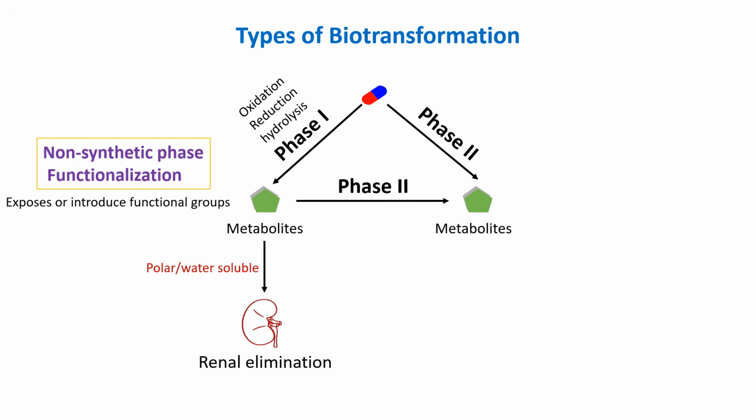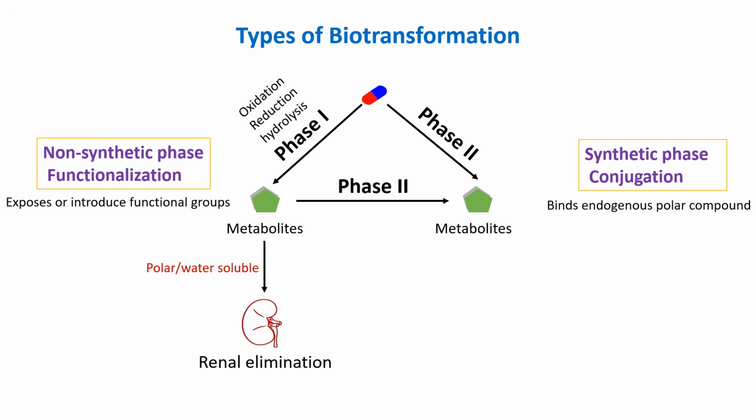Phase 2 reactions, also called synthetic phase or conjugation reaction, conjugate or bind the drug or its phase 1 metabolites with endogenous polar molecules like glucuronic acid, making it more water-soluble. These reactions include glucuronidation, sulfation, methylation, and others. The phase 2 reaction almost always results in deactivation of the drug.